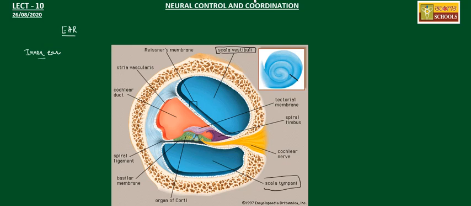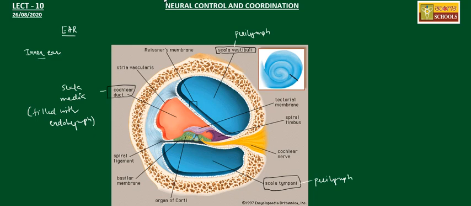This is the scala tympani, also filled with perilymph, whereas the cochlear duct, also called the scala media, is filled with endolymph. The scala vestibuli is filled with perilymph.